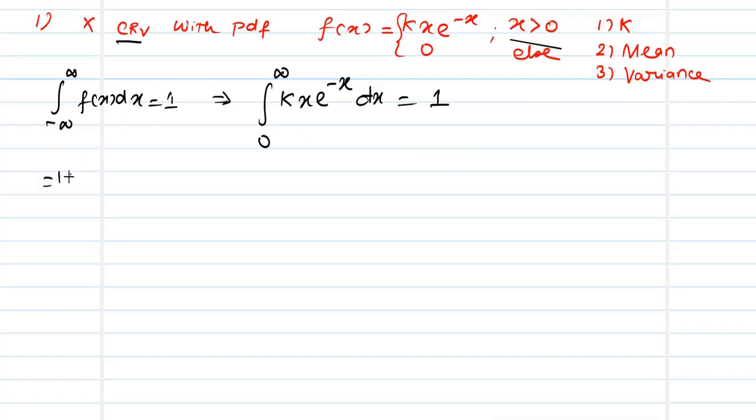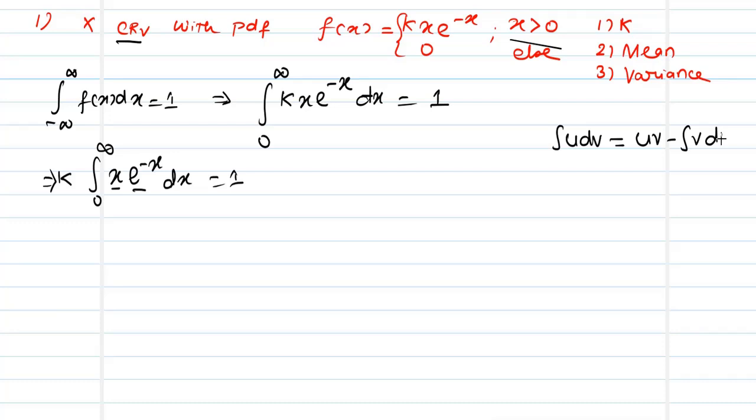Let us take k outside, and now we have the integral from 0 to infinity of x e power minus x dx, which is equal to 1. Inside the integration, we have x, which is an algebraic function, and e power minus x, which is an exponential function. So we will apply the integration by parts formula, integral of u dv equals uv minus integral of v du.